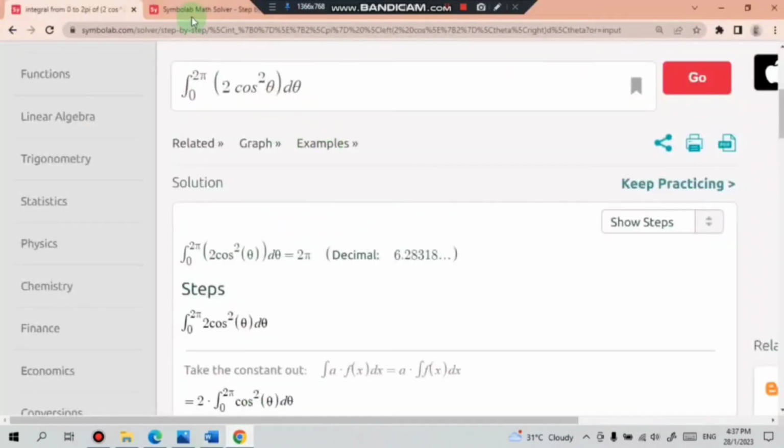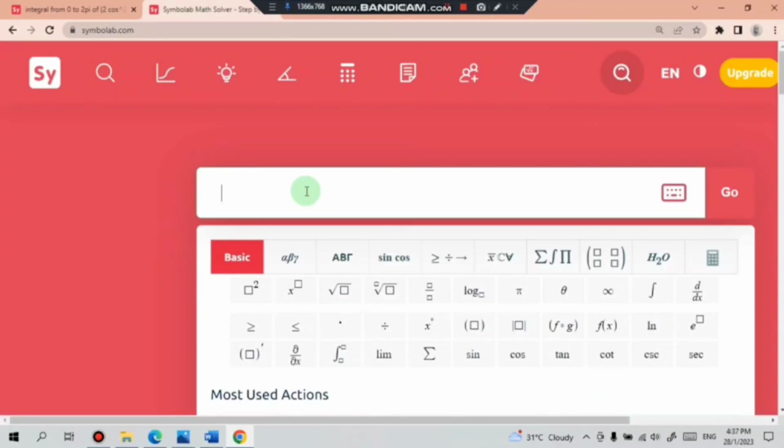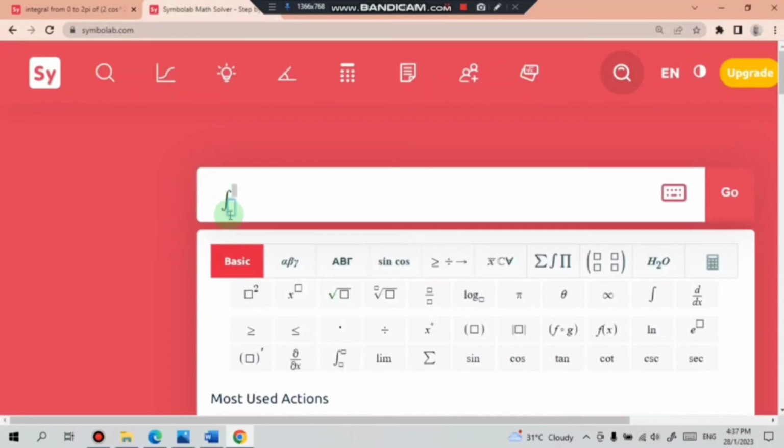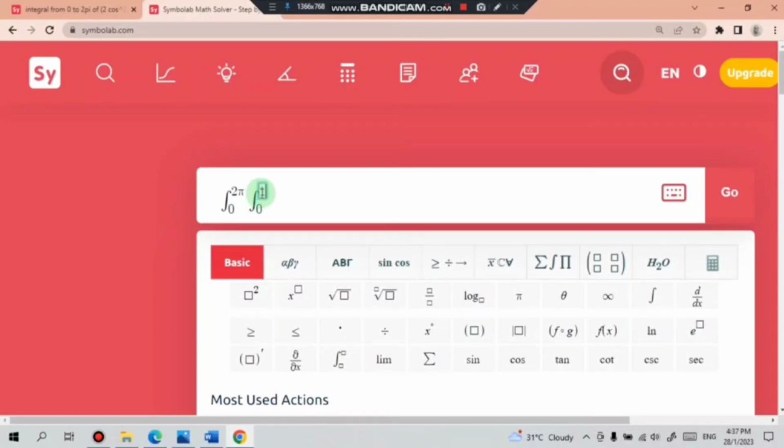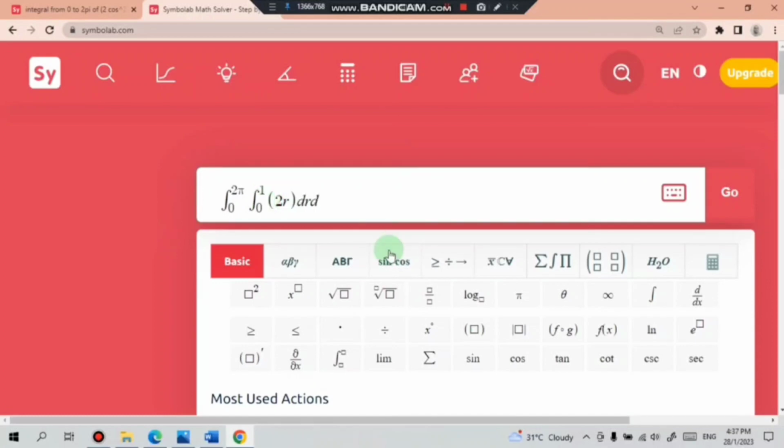So we are going to insert the calculation here: the integral with limit of theta from 0 to 2 pi, and the integral with limit of r from 0 to 3, of 2r dr d theta.